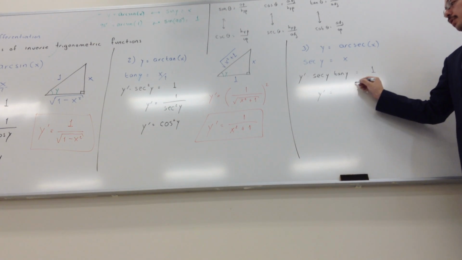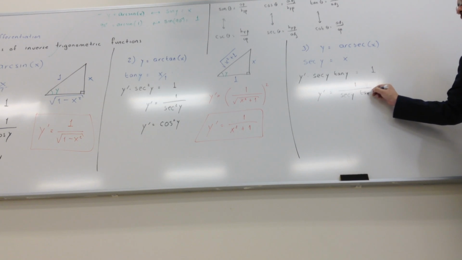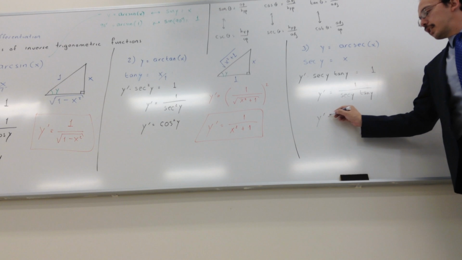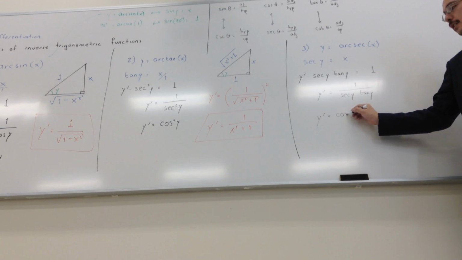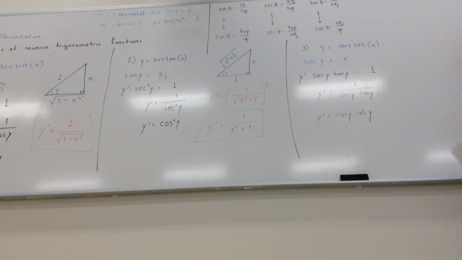y prime equal to 1 over secant y tangent y, and then if you want to, you can rewrite that. 1 over secant is what? Cosine. 1 over tangent is cotangent. Then, triangle.